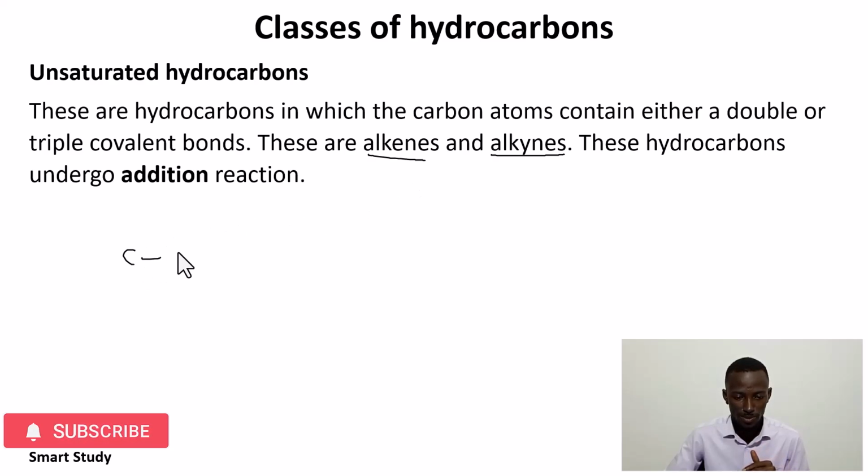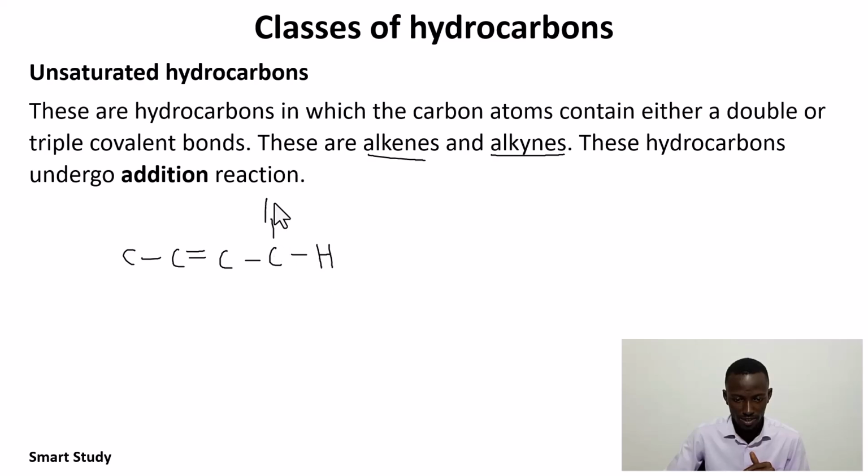Let me pick one specific example and see. So this is an alkene. Let me put a double bond here, and then since it's a hydrocarbon, let's fill out the remaining side with hydrogen. We will look at each of the alkenes and alkynes in more detail in subsequent videos, and when we get there, we'll look at how to draw the structure and explain it in detail.